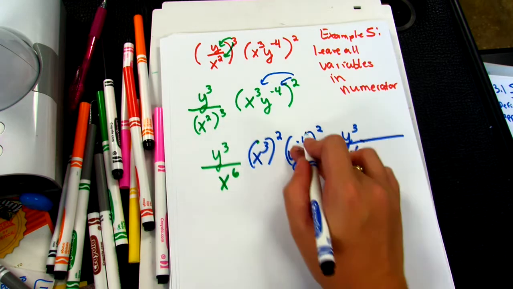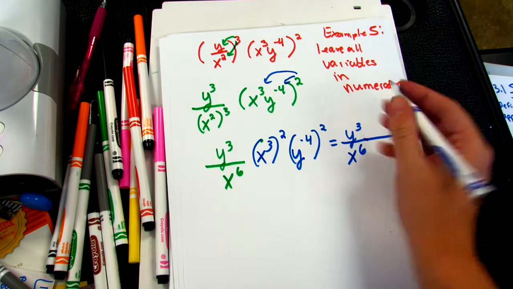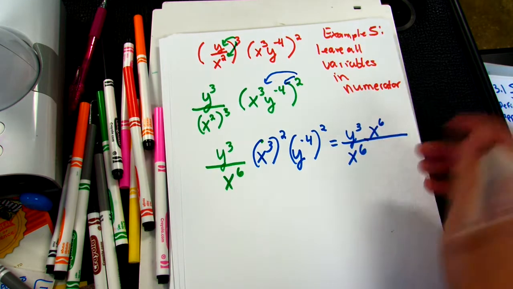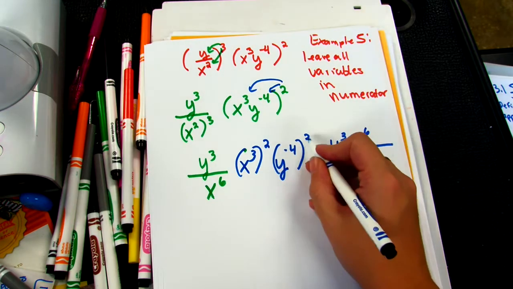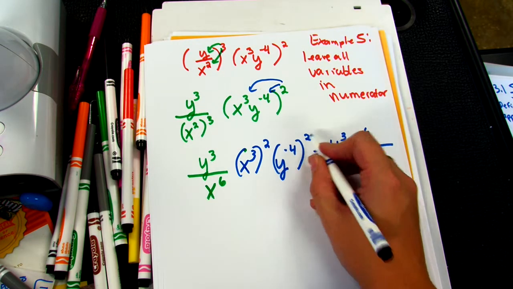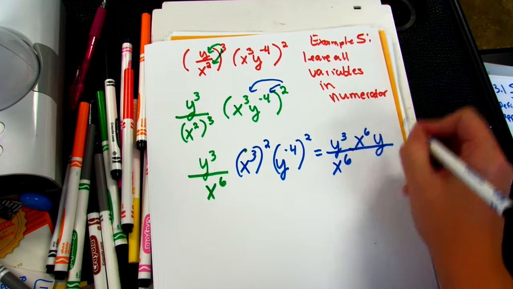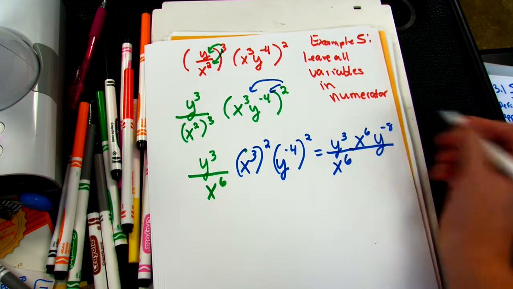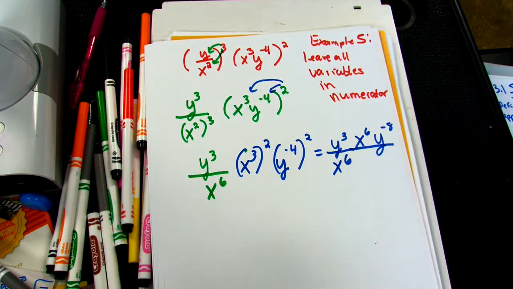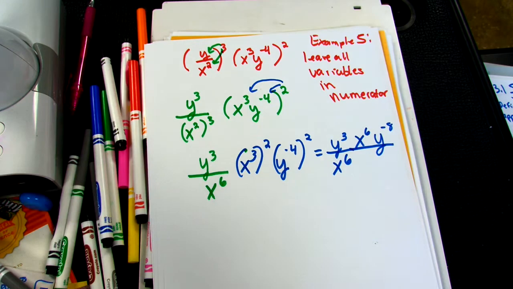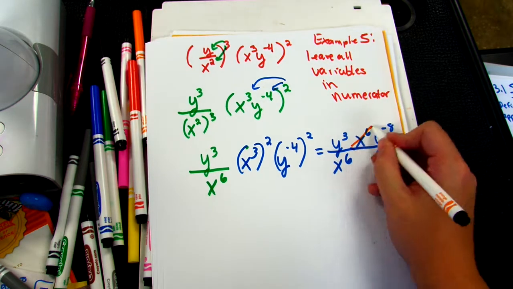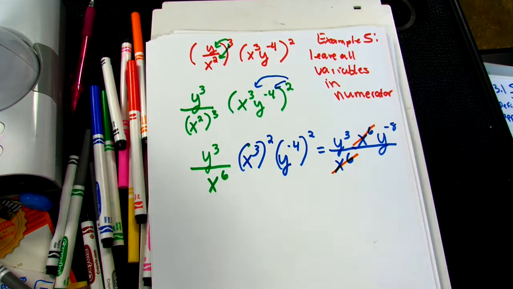And this is all being multiplied, so x to the third to the second is x to the 6th. And then y to the negative 4 to the second, negative 4 times 2 is negative 8. So that becomes y to the negative 8. Okay, notice that I have x to the 6th over x to the 6th. Remember, that's just 1, so that goes away.